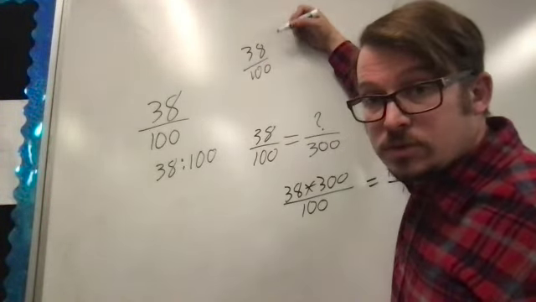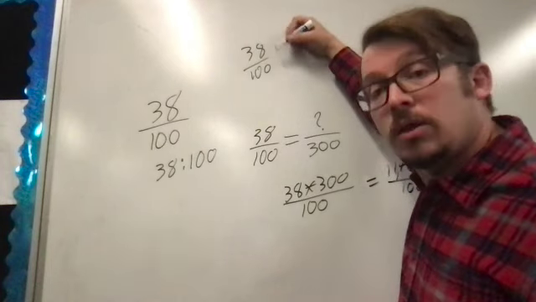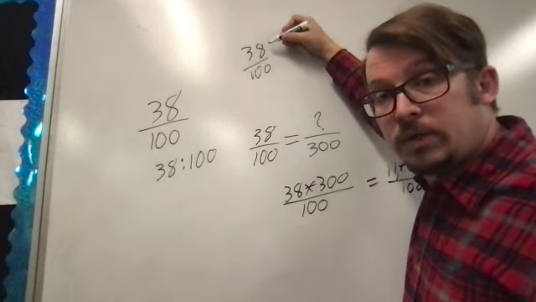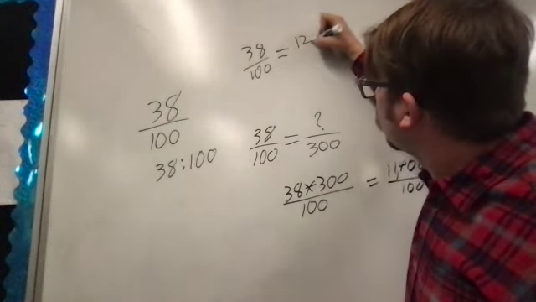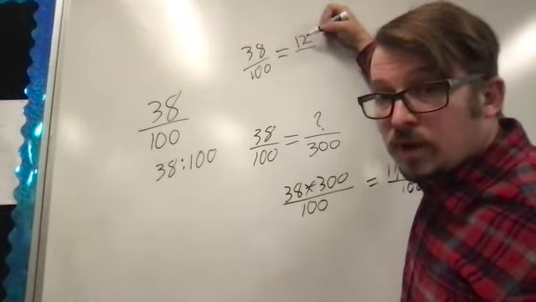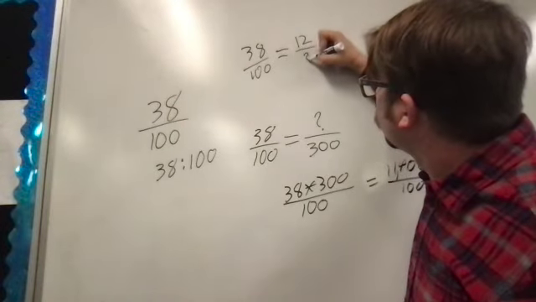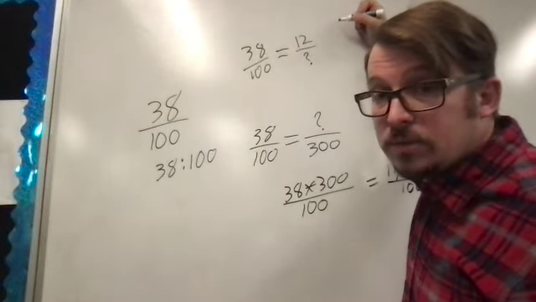We're still going to use 38 out of 100, 38% for each 100. This time we've got 12 on top and our mystery number downstairs.